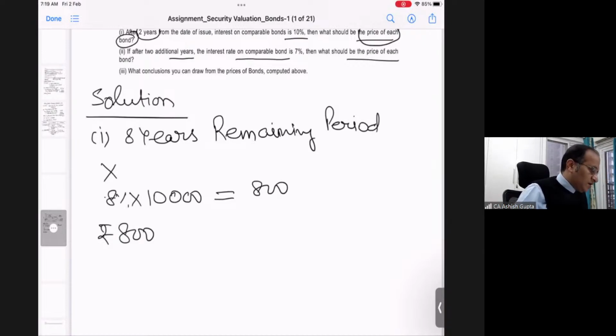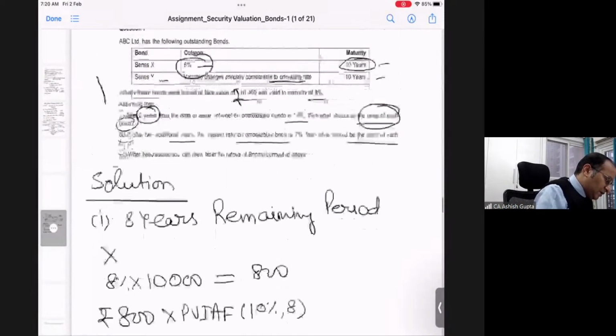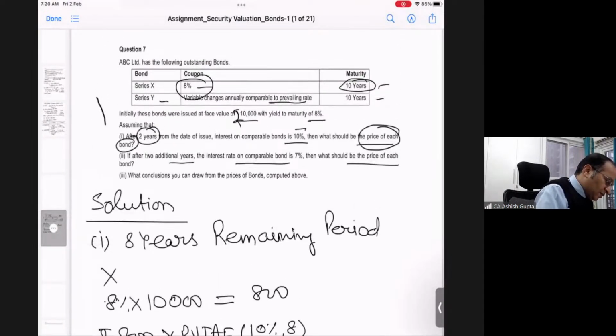Okay, students, now let us start solving. Now 8 years is the remaining period. So accordingly, we compute the present value of the same. And for this, we use the present value factor, because our period is 8 years. Since it is a comparable bond, the yield is our 10%.